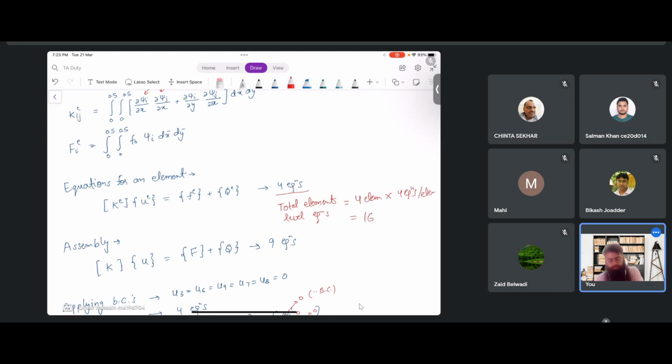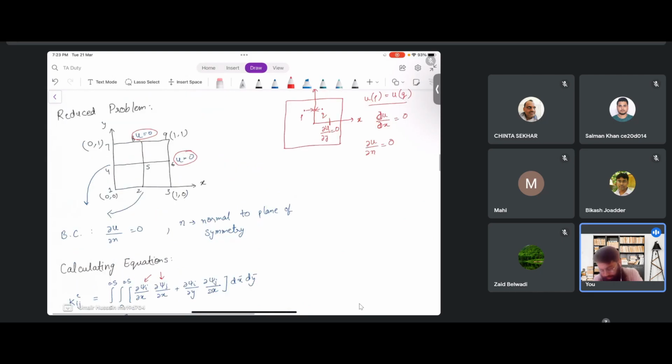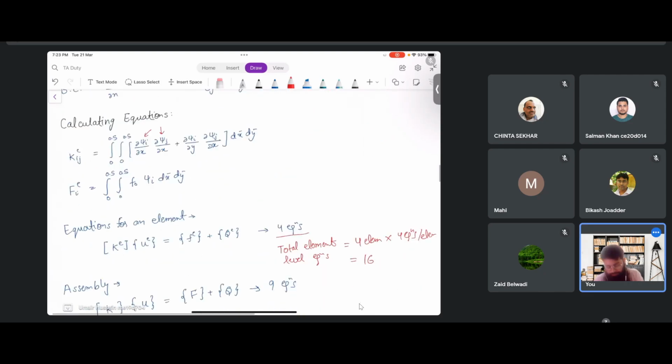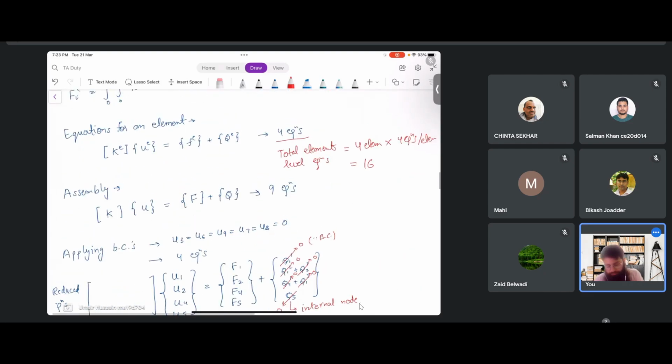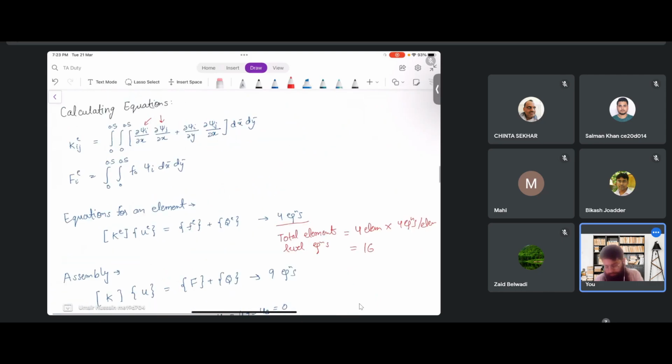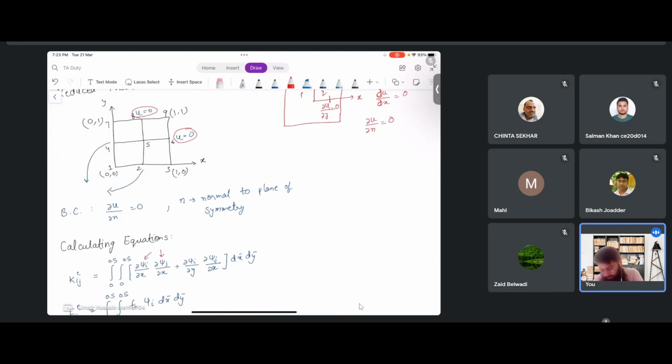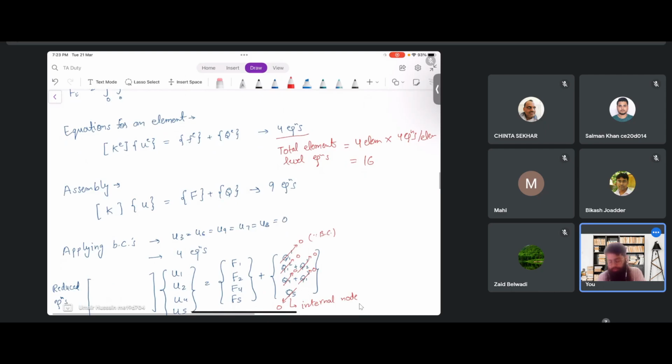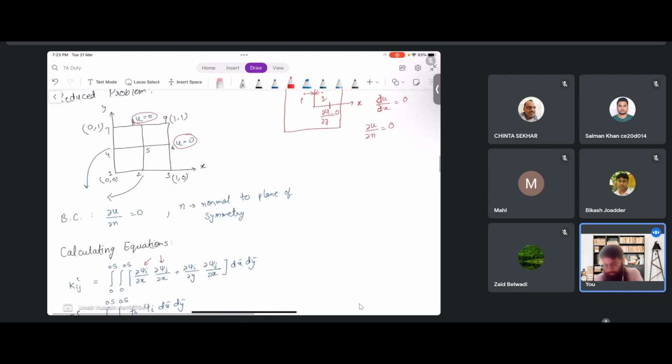But one, two, three, four, five of these nodes are common, shared between elements. So ultimately, after assembly, we'll be left with nine equations, since we have a total of nine global nodes.